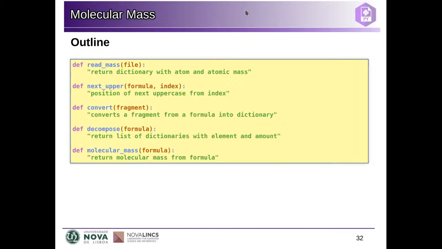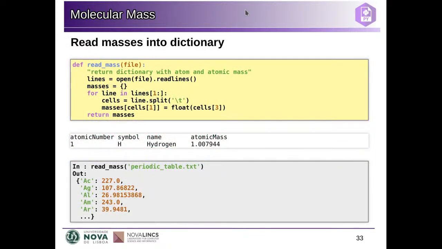So after we plan the program and we write the outline, we know the different functions we're going to write, we can start writing each individual function without worrying about the rest. So to read that file into the dictionaries, we're going to read all the lines in the file.